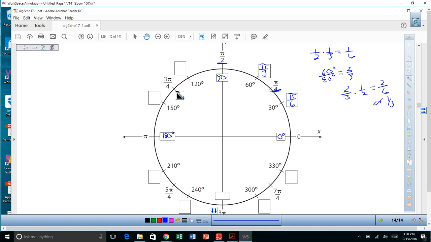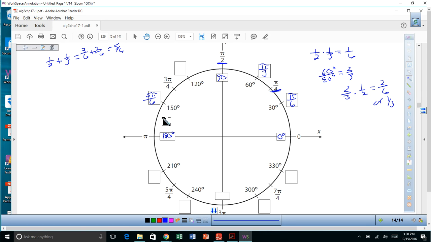Well, let's see here. If this is half a pi, and this right here, that's 1/3 of that. Well, 1/2 plus 1/3, convert that. That's 3/6 plus 2/6, and that's going to give you 5/6, right? So we're going to have 5 pi over 6 here, right? Okay.